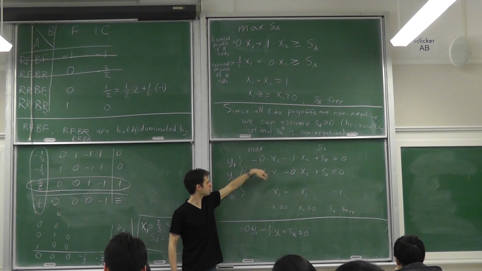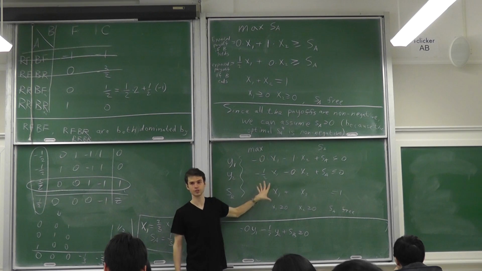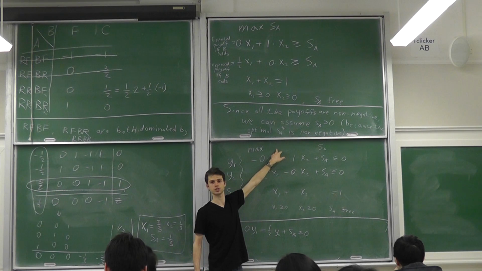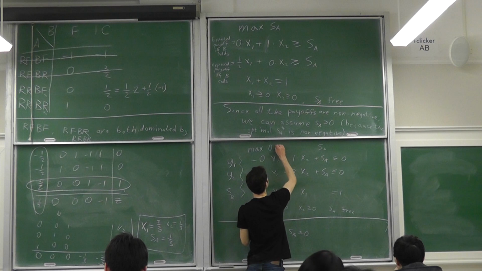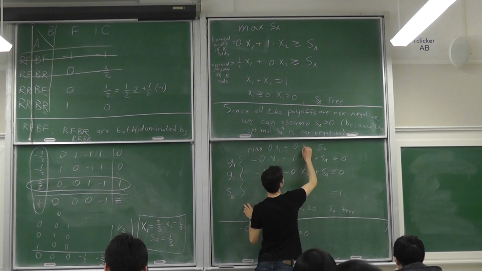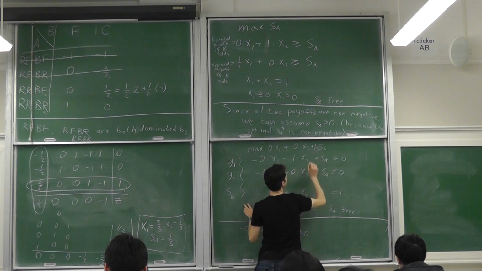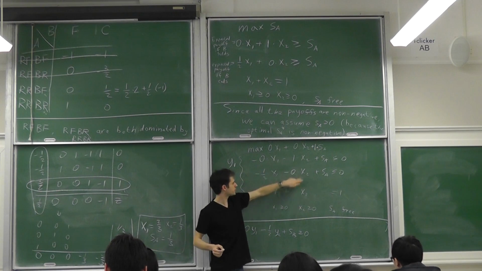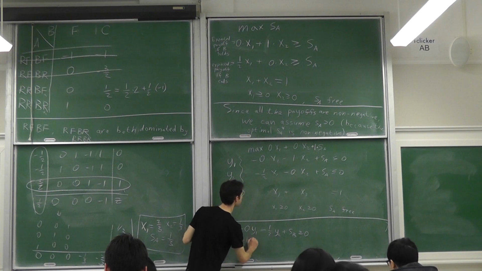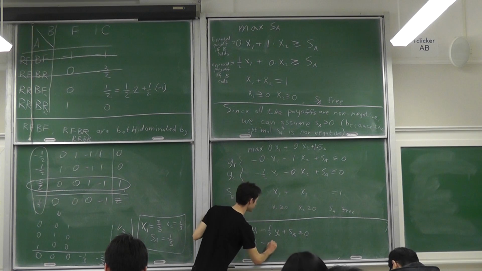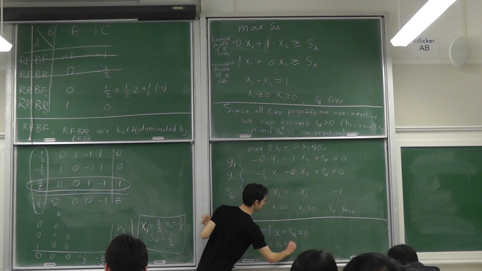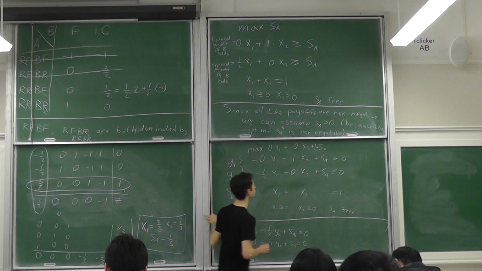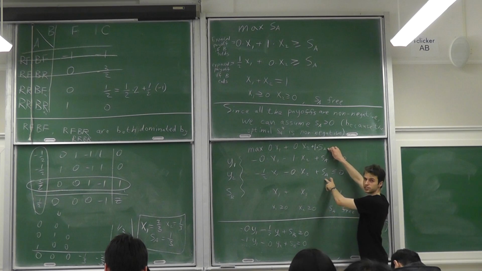So I want to make sure that the coefficient of x1 in this linear combination is at least as large as the corresponding coefficient in the objective function. If you wish, that's my objective function. I also want to make sure the same thing about x2. So I write minus 1 times y1 minus 0 times y2 plus SB is positive.